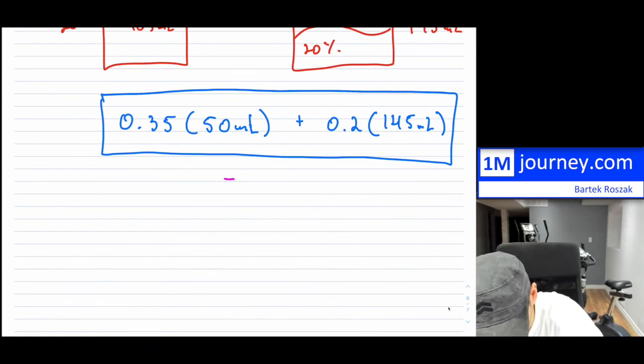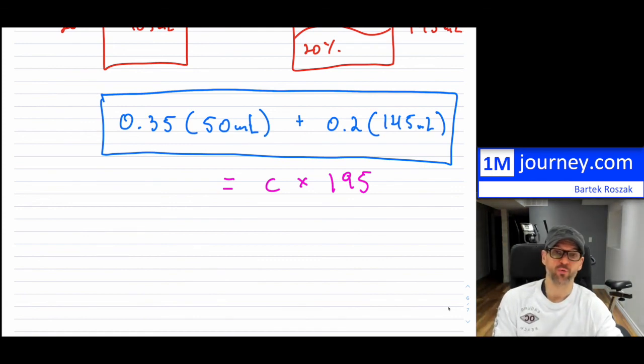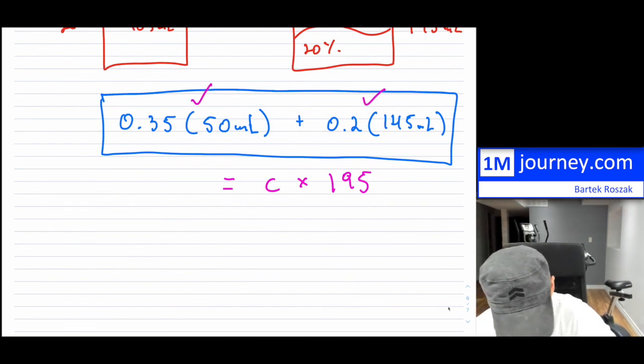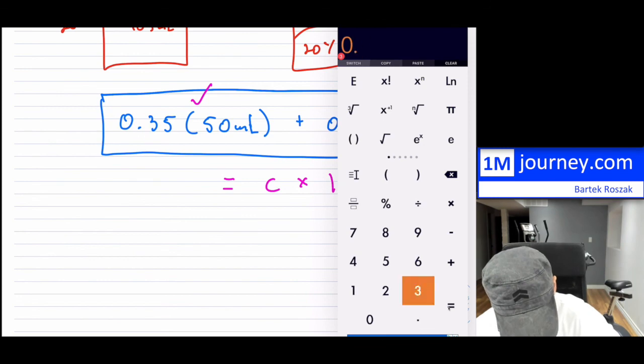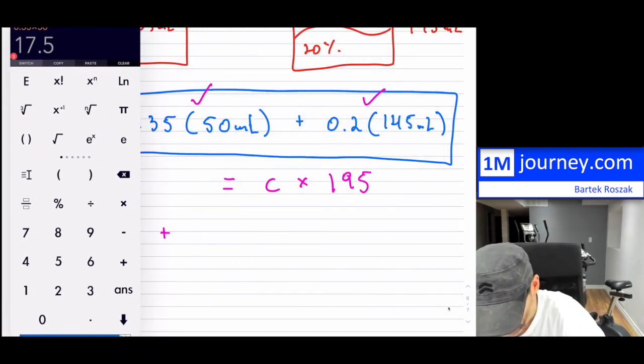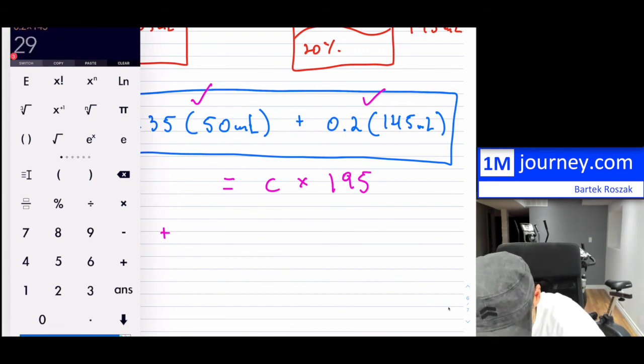This is supposed to be equal to our particular concentration, which we don't know, multiplied by the total amount, which is the addition of the two. That's how much we have in total. So now you only have one equation, one unknown. So 0.35 multiplied by 50 is 17.5, plus the other one, 0.2 times 145, which is 29.